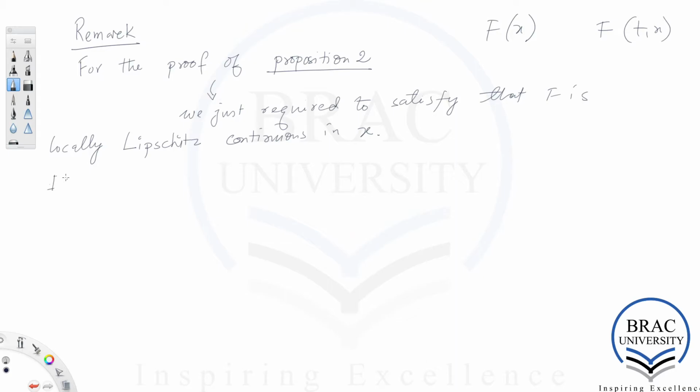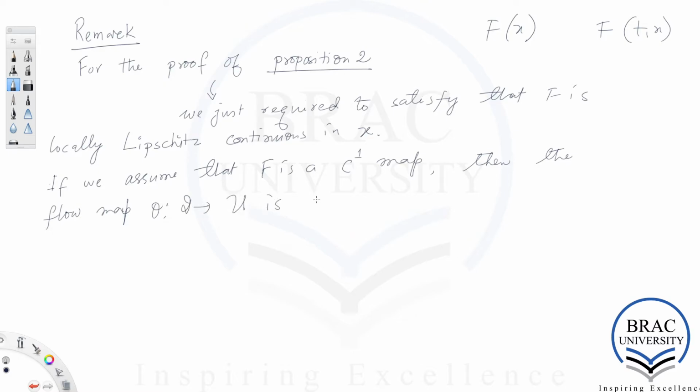So if we assume that f is a C1 map, or f is a C1 vector field, then the flow map theta from calligraphic D to big U is also a C1 map as well.